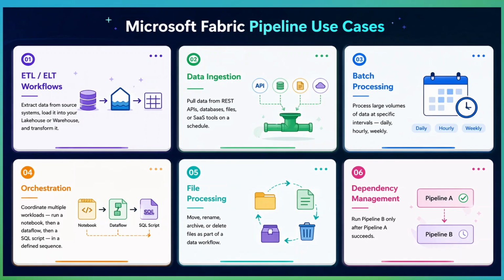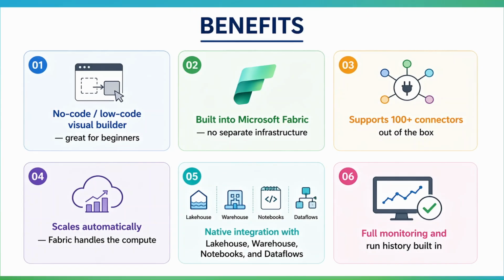So this type of dependency management can be handled by the pipeline itself. Together, all these six use cases show how pipelines act as the backbone of data operations, automating repetitive tasks, ensuring order, and keeping data flowing smoothly.